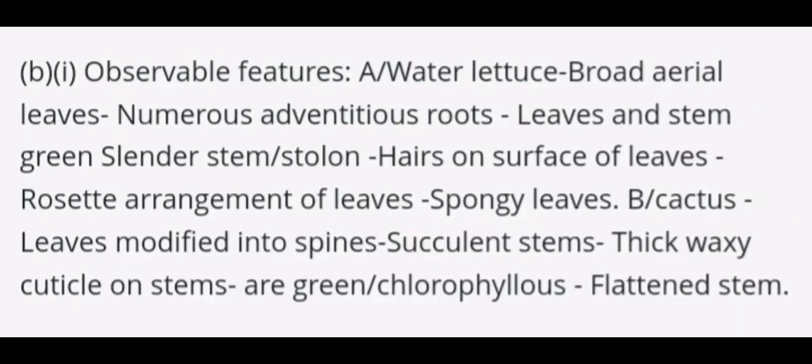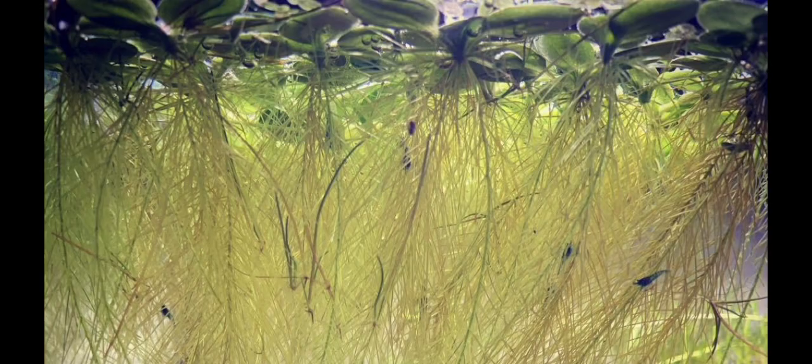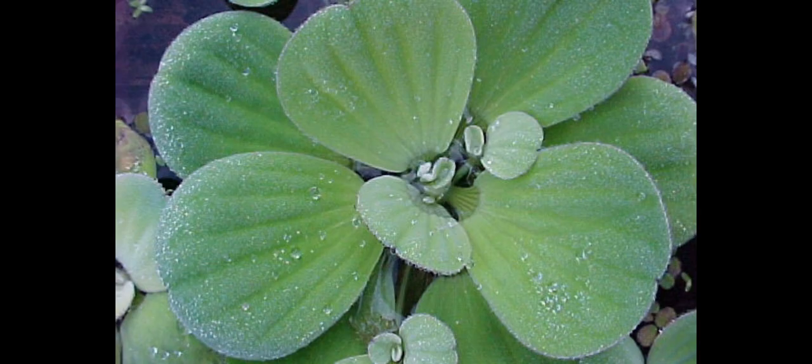Water lettuce has broad aerial leaves, has numerous adventitious roots, and the leaves and stem are green and slender. We have a slender stem or stolon. We have hairs on the surface of the leaves.